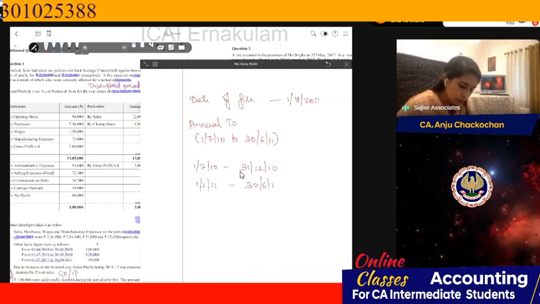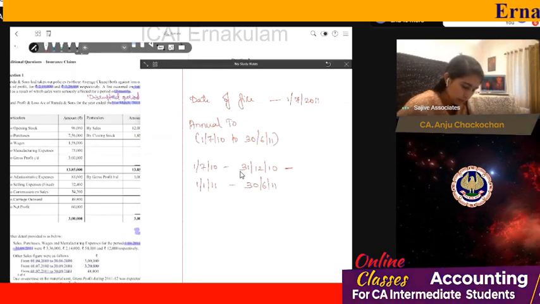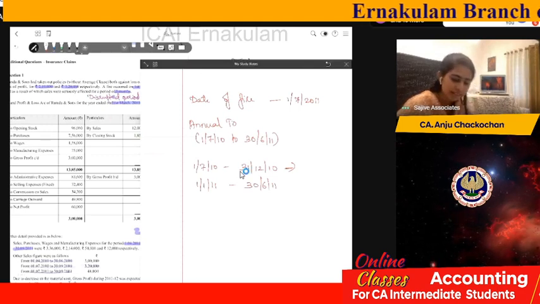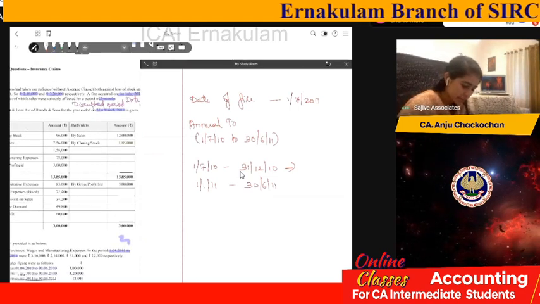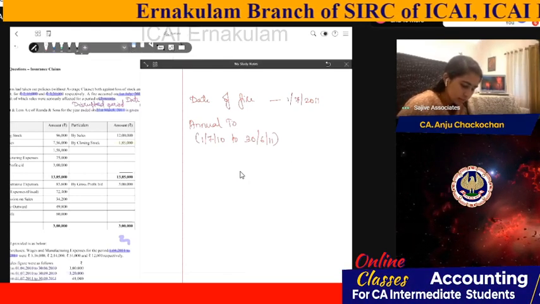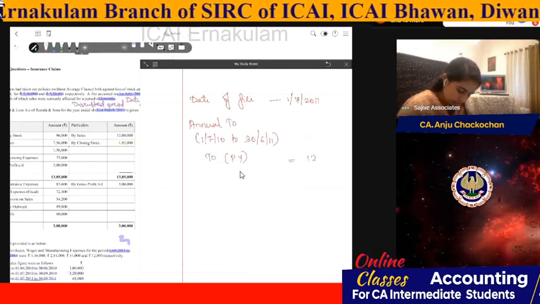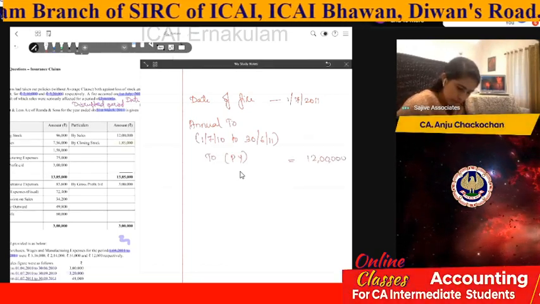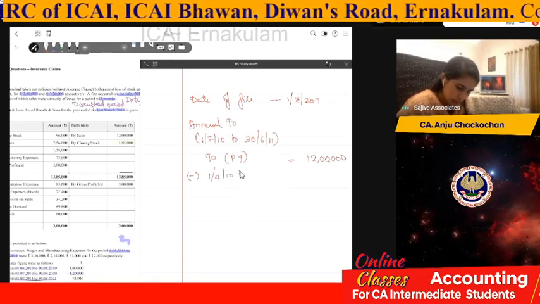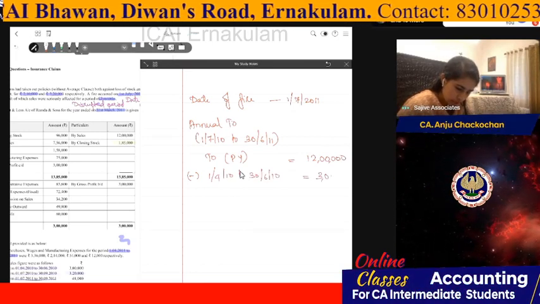All right. From this, you are reducing for April to June 2010, which is given in the question as 3 lakh.